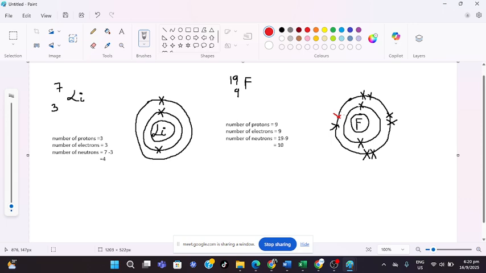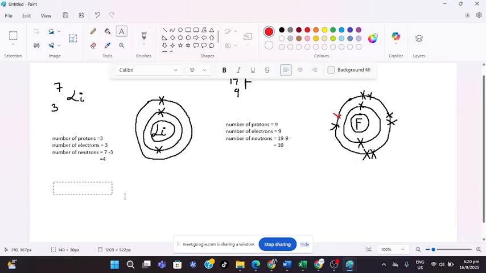Now, this is a characteristic of this side. When an atom loses an electron, it is considered to be a metal.